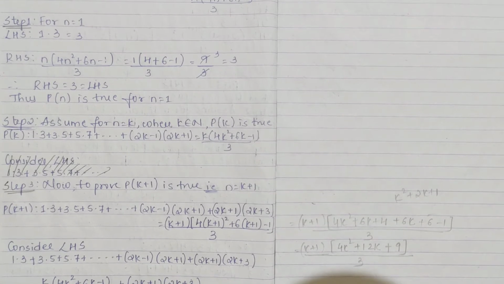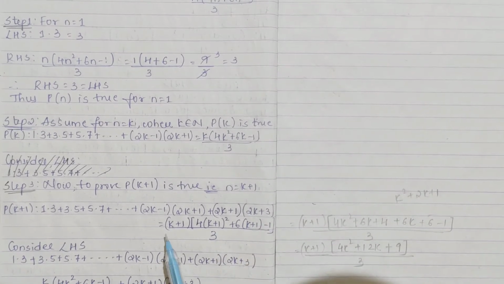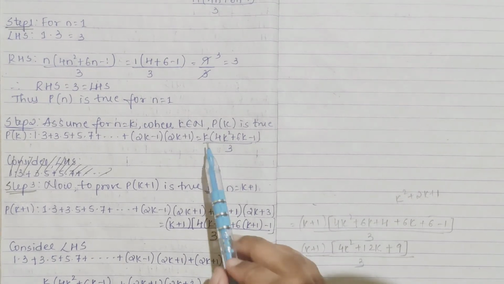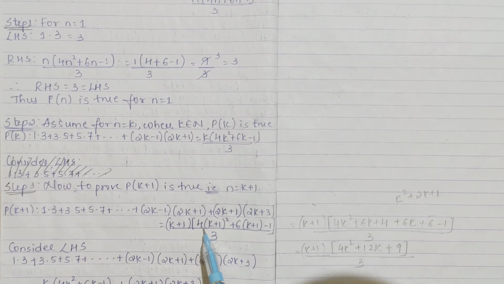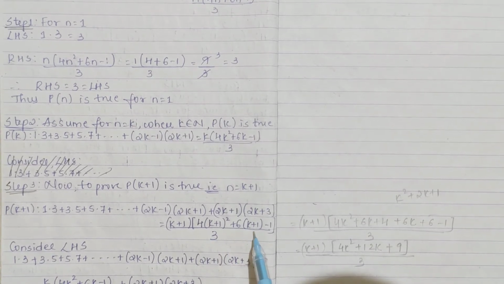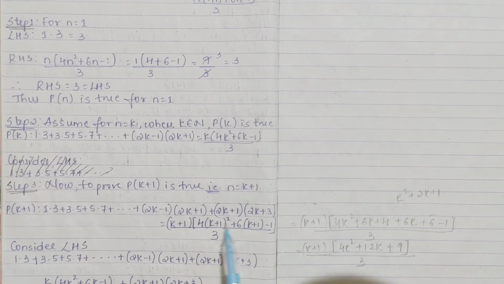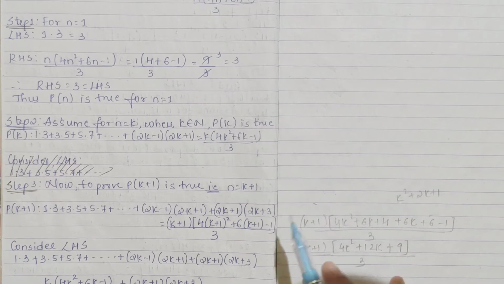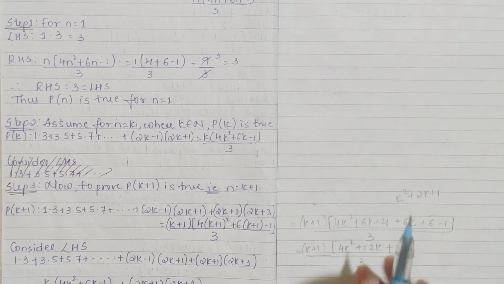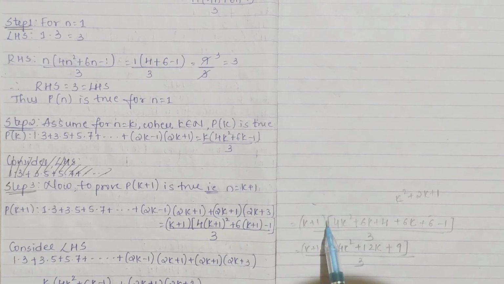Yes, now we have done only this, right? So here you will get 2k plus 1 into 2k plus 3, which is equal to your right hand side, wherever k is there, you are putting k plus 1. So you get k plus 1 into 4 of k plus 1 square plus 6 of k plus 1 minus 1, divided by 3. If you want, just calculate this right hand side also now, or else you can do it at last.